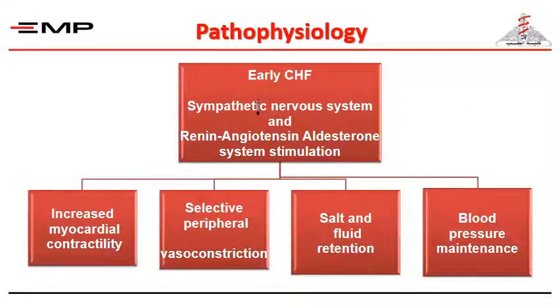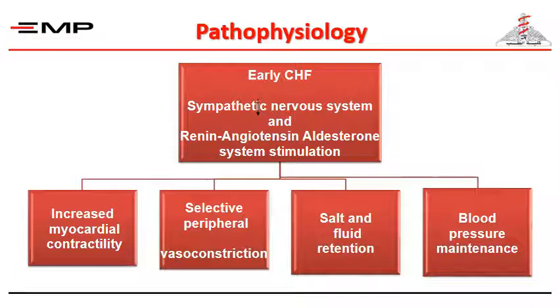So let us revise together. Look at this diagram. Early in the disease, in congestive heart failure, there is sympathetic nervous system and renin-angiotensin aldosterone system stimulation. Okay, what does this lead to?